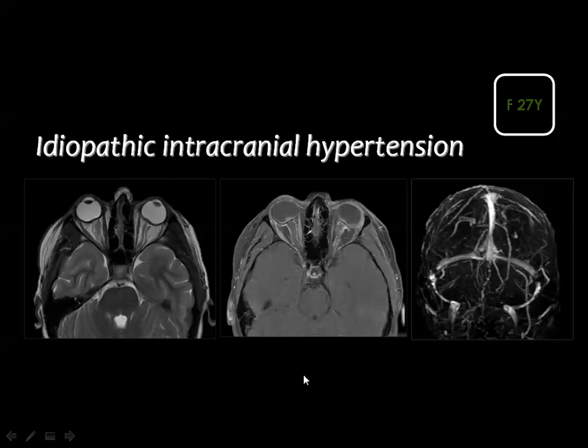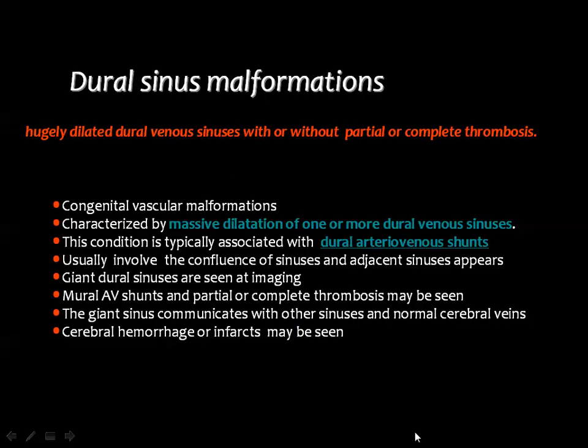And one of the good policies in patients suffering from headache and signs of increased intracranial tension is to have this MR venogram in order to exclude, number one, sinus thrombosis, which is a good reason for headache, and also to see this characteristic finding, which is diagnostic of idiopathic intracranial hypertension.